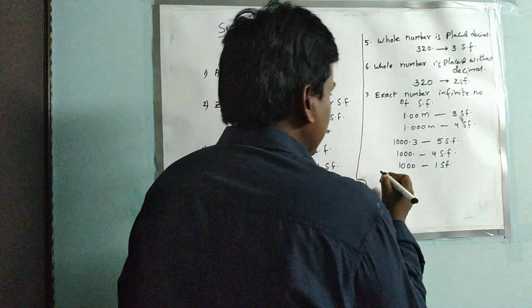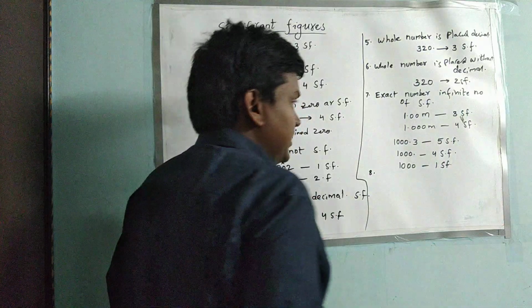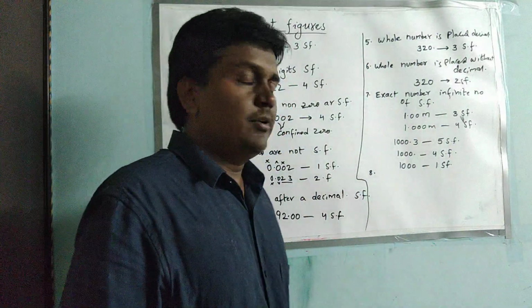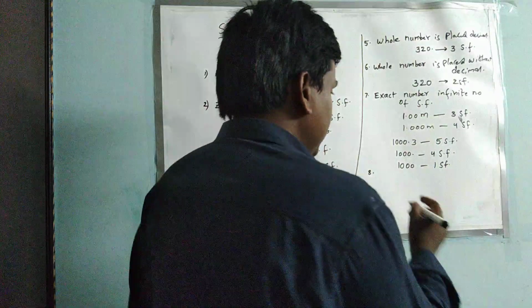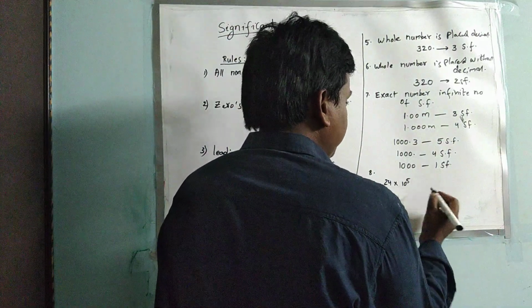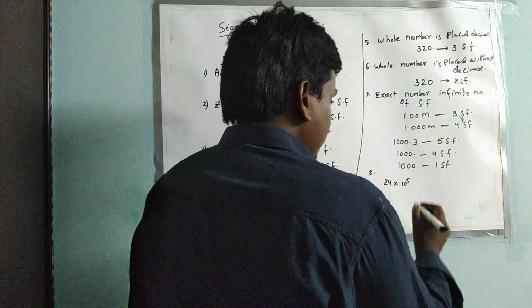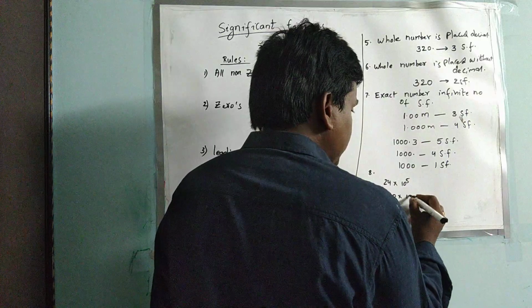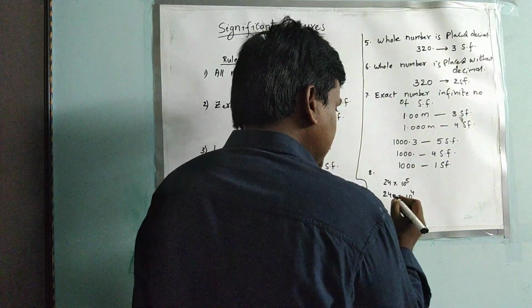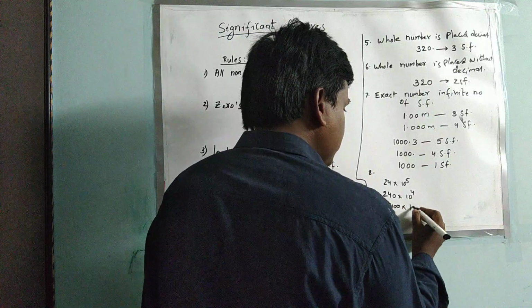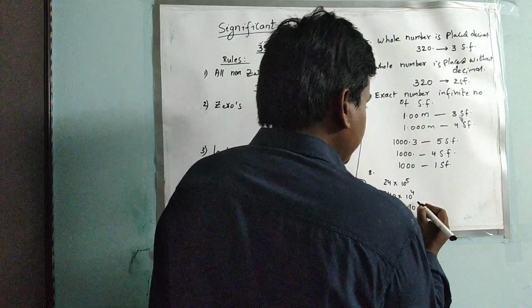And now consider scientific notation, in the sense of a multiple or submultiple number like 24 into 10 power 5. The same number can be written as 240 into 10 power 4, and as 2400 into 10 power 3.